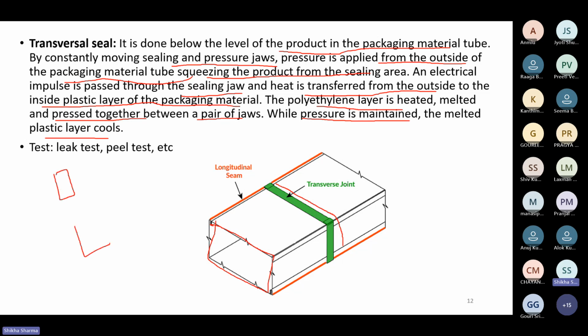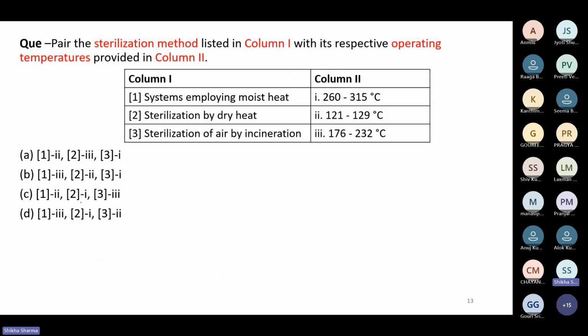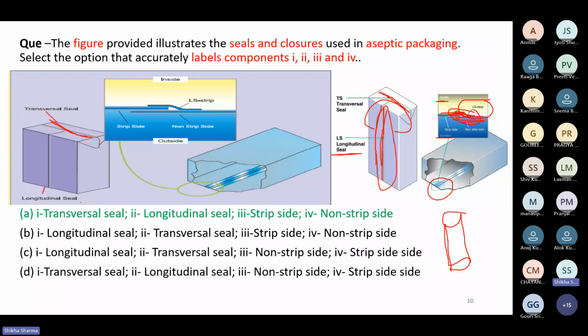Here is also like one mechanical system, and here is the seal. So if we pulled or peeled, we can see how much strength we need to pull that seal. So is it clear, these different types of seals?